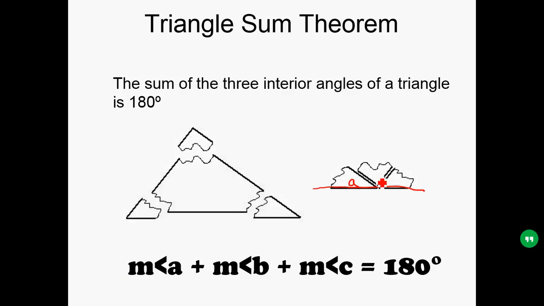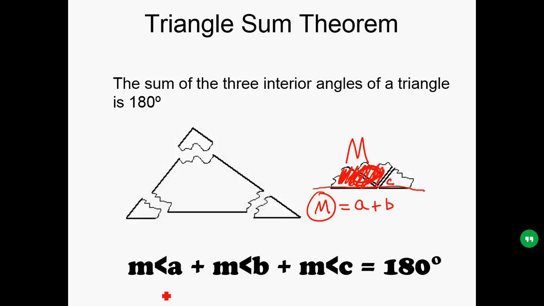Let's say that this was A, this was B, and this was C. This angle C, if I was to remove these two pieces, let's call this angle M, capital M. When I remove those two pieces, capital M is the exterior angle of angle C. So an exterior angle M would equal A plus B. If I was to take these two pieces of paper and add them together, those would equal this exterior angle.